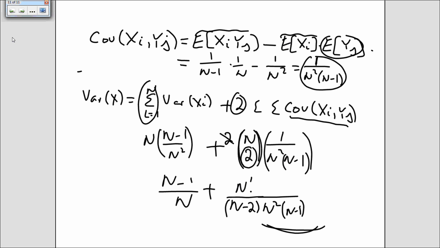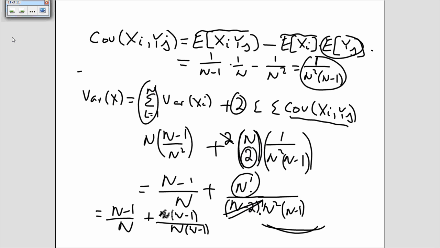If you work this out, I'll do a little bit: n minus 1 over n plus. Now, this is going to be n times n minus 1, and the rest will get killed off by this. On the bottom, you have n squared, so one of the n's on the bottom killed off that n on top, and then you have n minus 1 on the bottom.